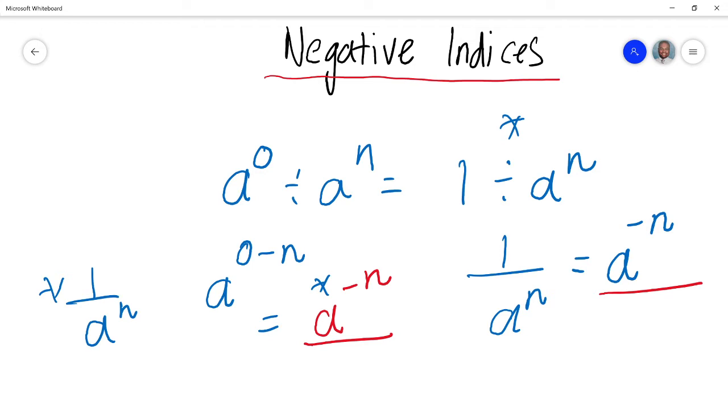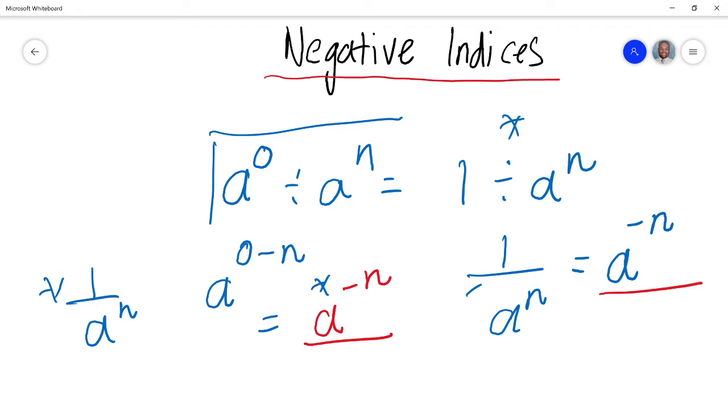All right. Why is 1 over a to the power n actually the same as a to the power negative n? If you look back, a to the power 0 divided by a to the power n, you can express it as 1 divided by a to the power n, because a to the power 0 is 1, so it's 1 over a to the power n. Or you can simply subtract the powers, a to the power 0 minus n, which is a to the power negative n, and you can see that's equal to that.